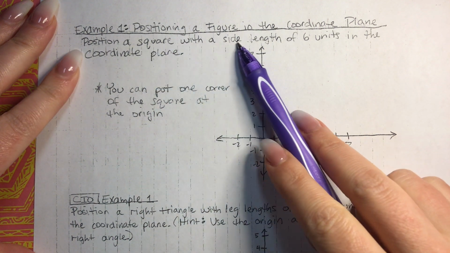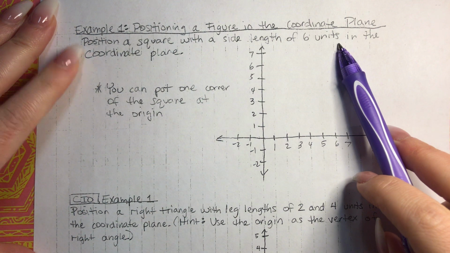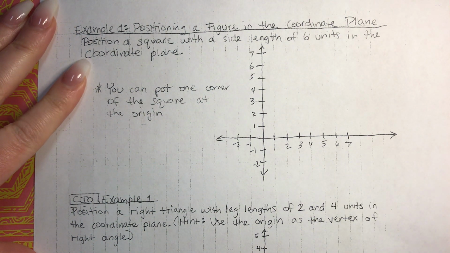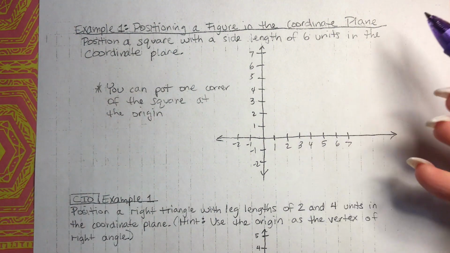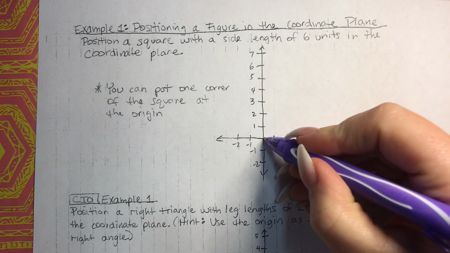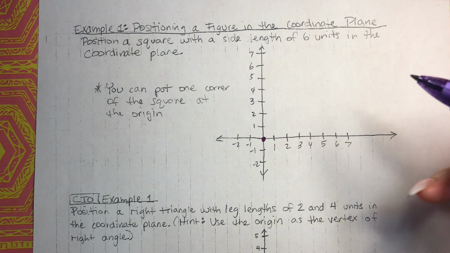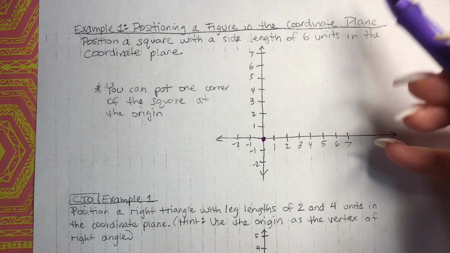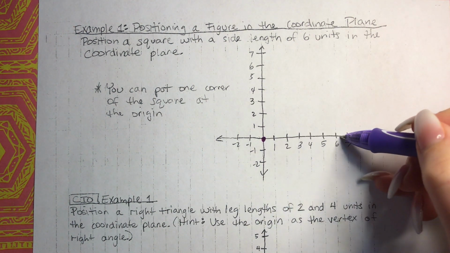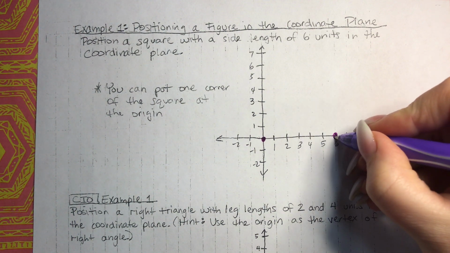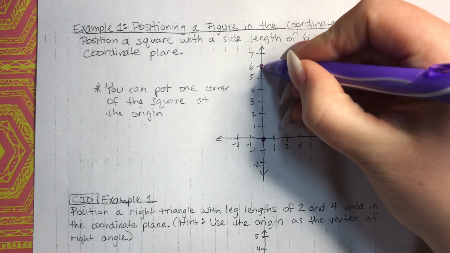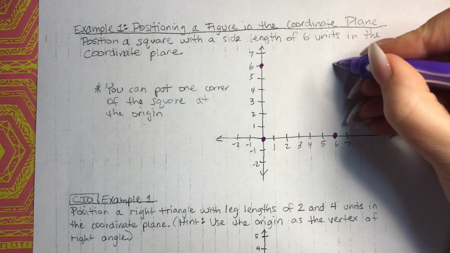So position a square with a side length of 6 units in the coordinate plane. All right, perfect. So if I have a square, I think the first strategy I'm going to do is put a corner of it right on the origin. All right? And then it's a square of 6 units, so it's going to be 6 units this way. It's going to be 6 units up. And then it's going to meet right here.